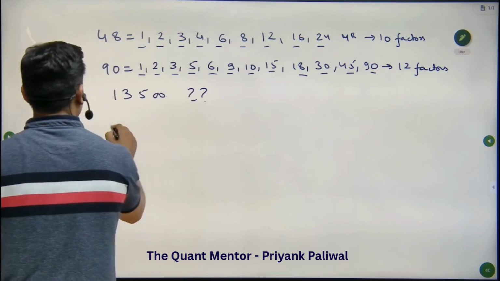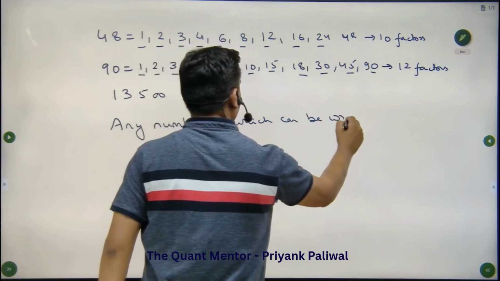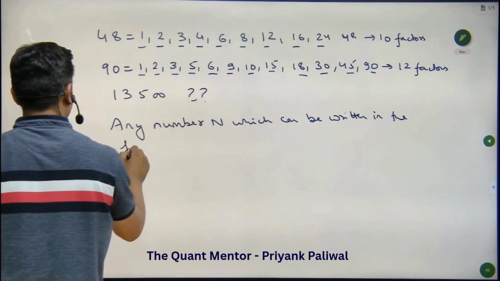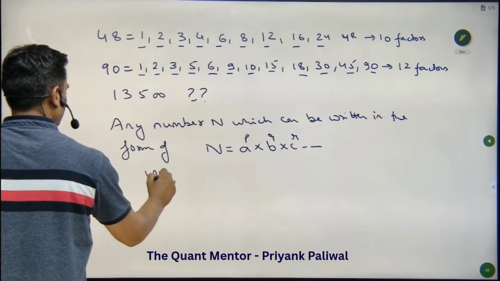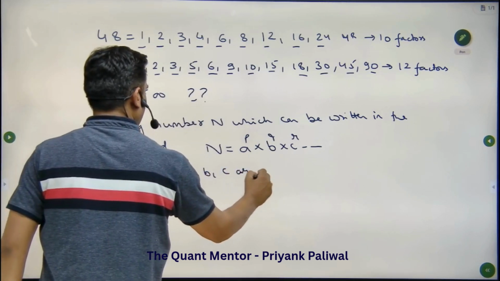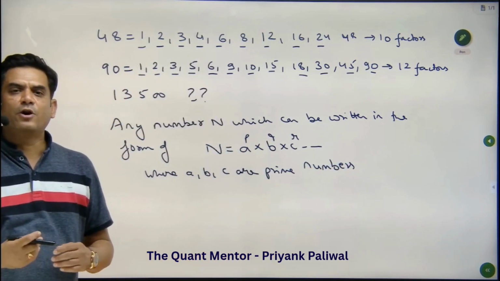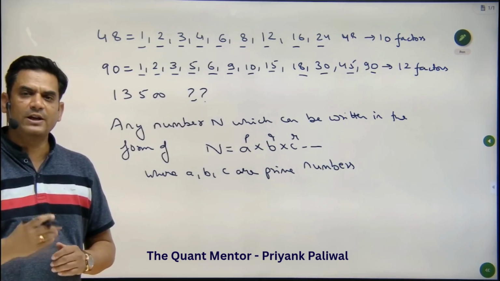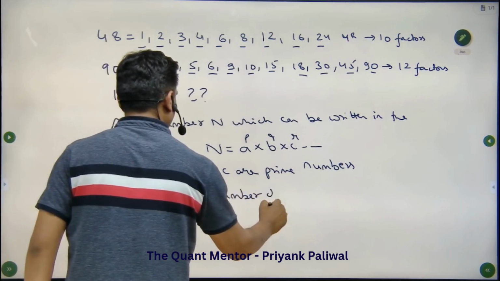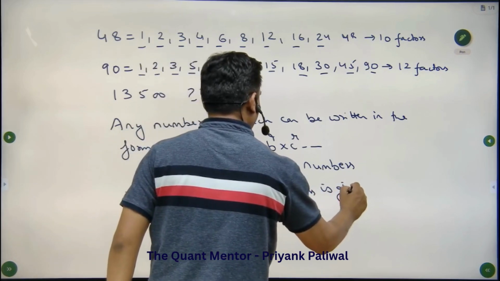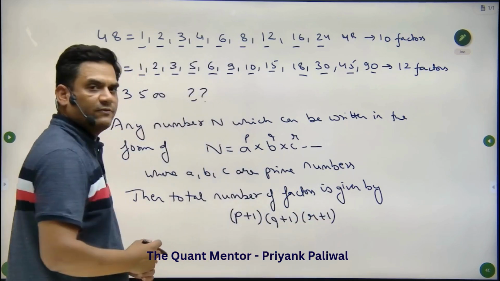Any number n which can be written in the form of a to the power p into b to the power q into c to the power r and so on, where a, b, c are prime numbers, then the total number of factors is given by p plus 1 into q plus 1 into r plus 1, that includes 1 and the number itself.